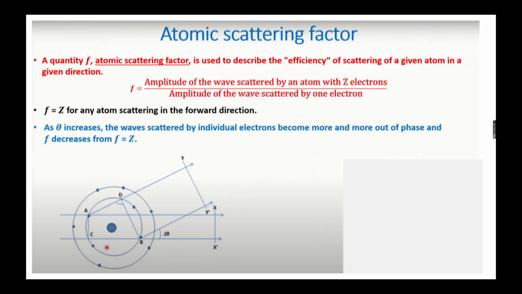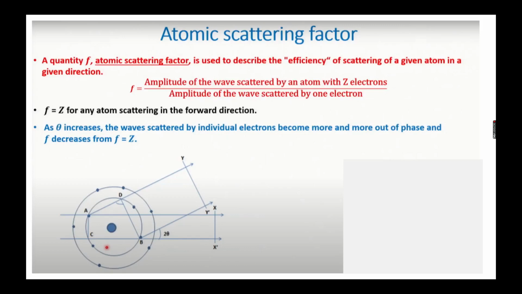Okay. So this is usually used to describe the efficiency of scattering of a given atom in a given direction. So the atomic scattering factor is related to the scattering: what is scattered and what is getting scattered.